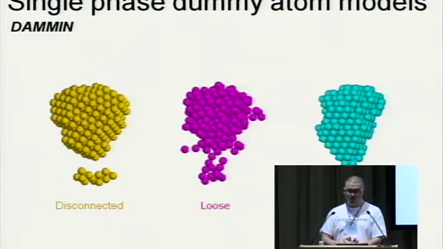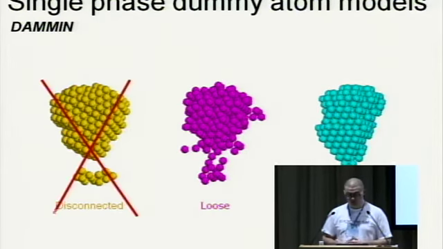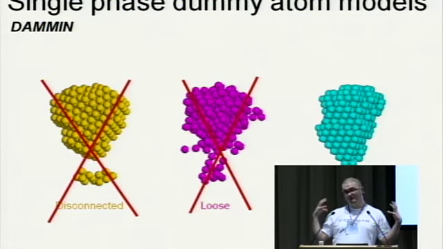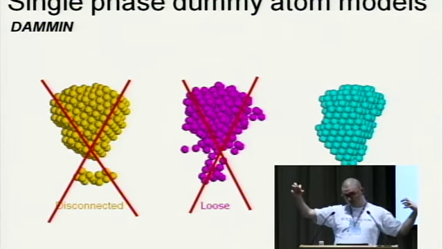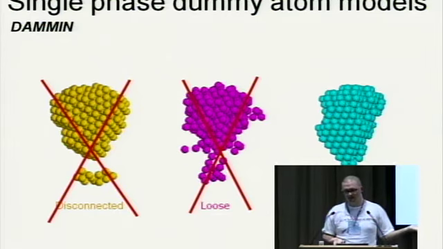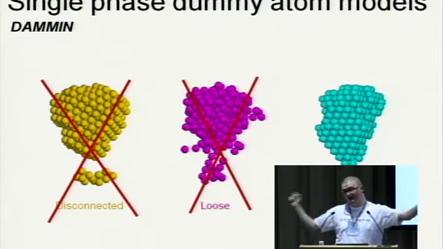However, one of them is disconnected. That means that it is not possible to have a disconnected protein, right? It should be an all interconnected body. And the other one is too loose. It has some fluffy tails sticking out.